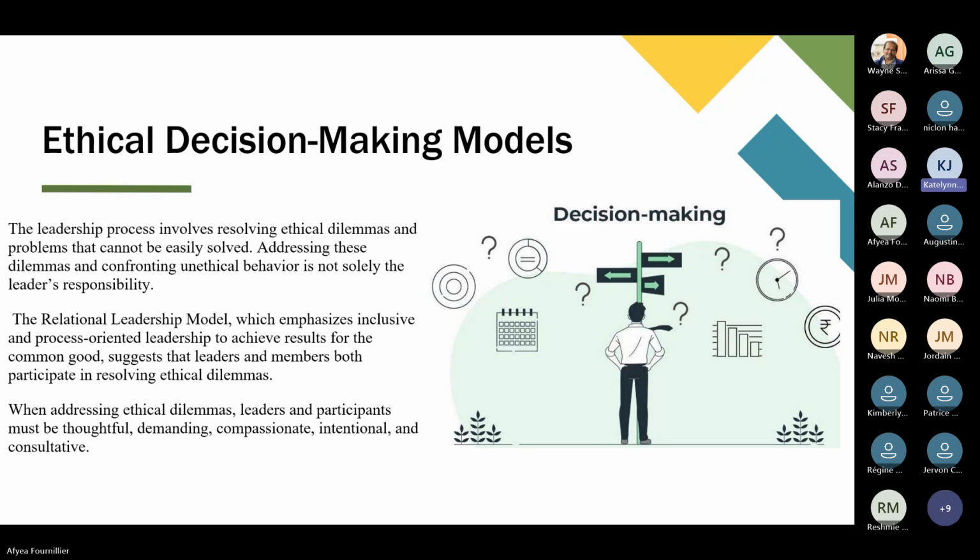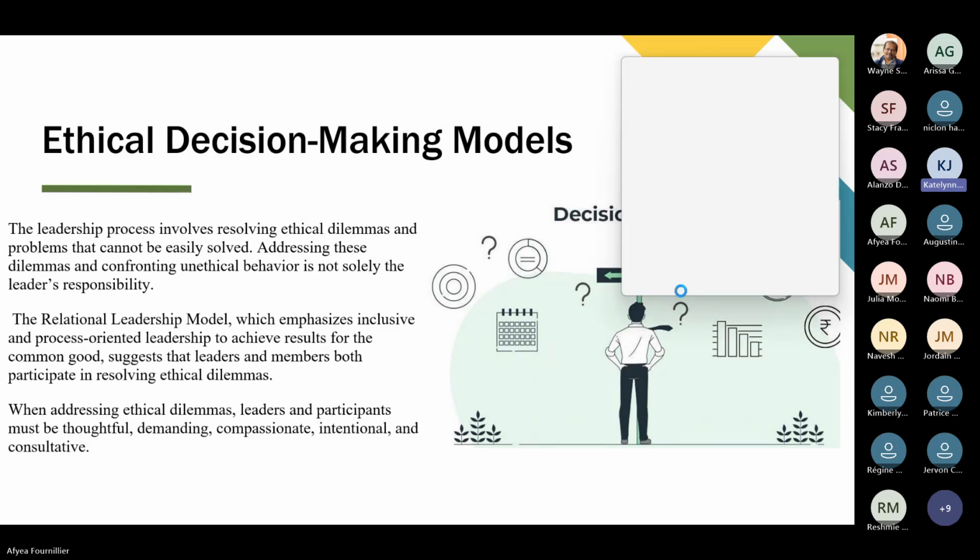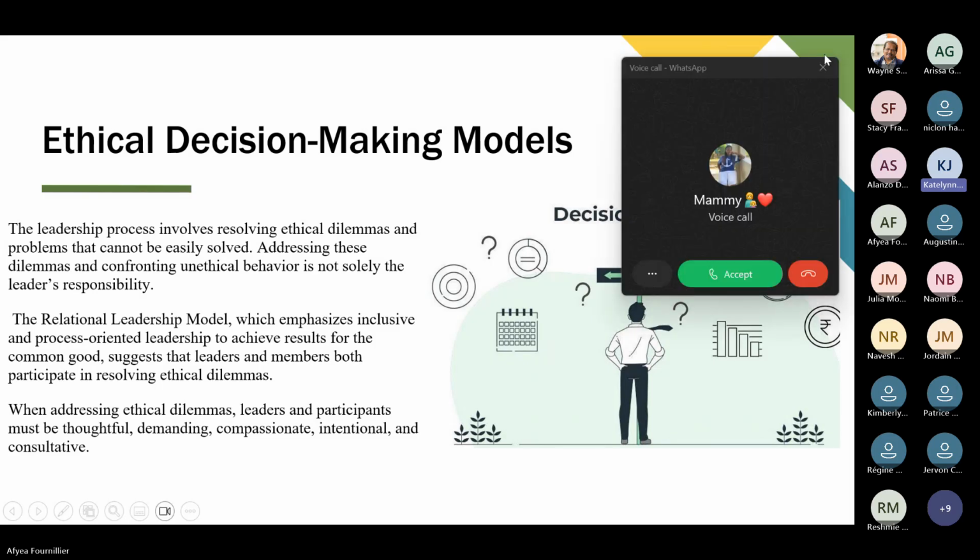The relational leadership model, which emphasizes inclusive and process-oriented leadership to achieve results for the common good, suggests that leaders and members both participate in resolving ethical dilemmas. So, when addressing ethical dilemmas, leaders and participants must be thoughtful, demanding, compassionate, intentional, and consultative.